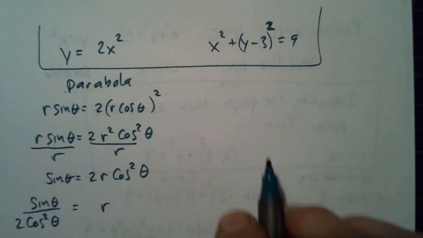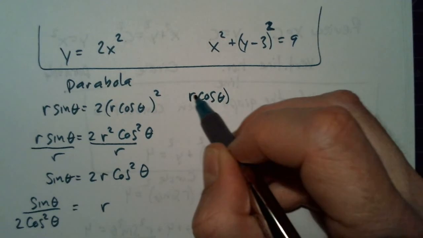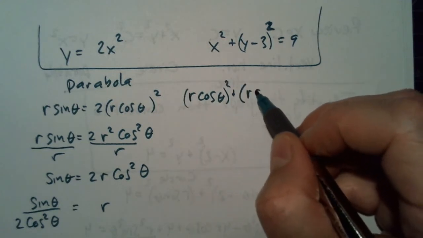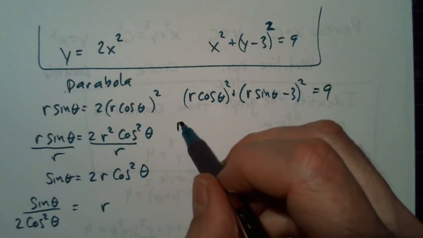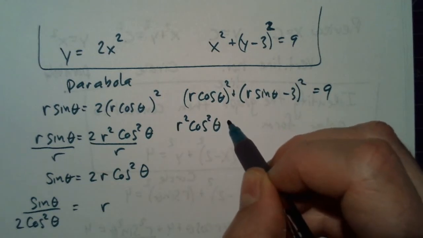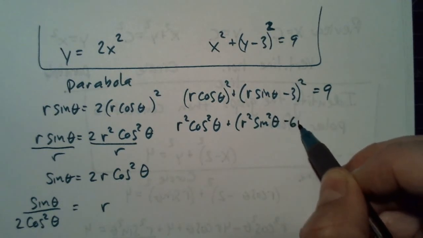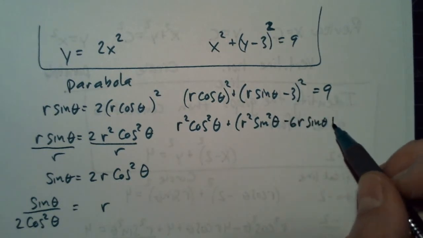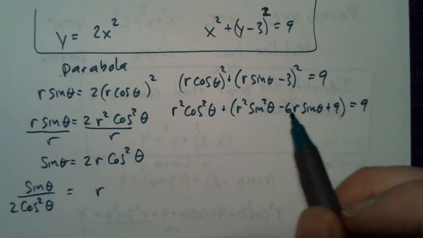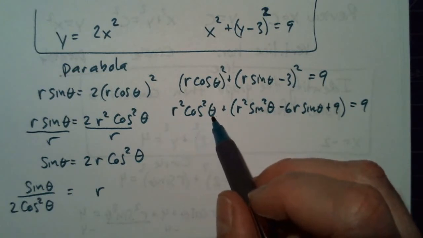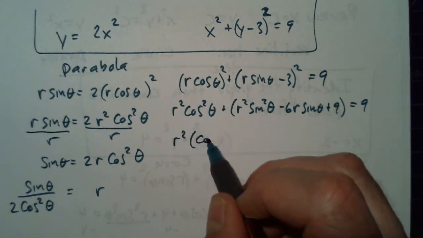Alright, pause the video and try that one. So x is r cosine theta. y is r sine theta. R squared cosine squared, r squared sine squared minus 6r sine theta plus 9. Here we have r squared cosine squared, r squared sine squared, so it's r squared times cosine squared plus sine squared.